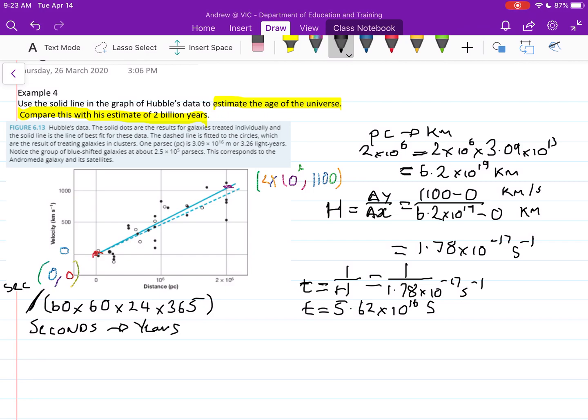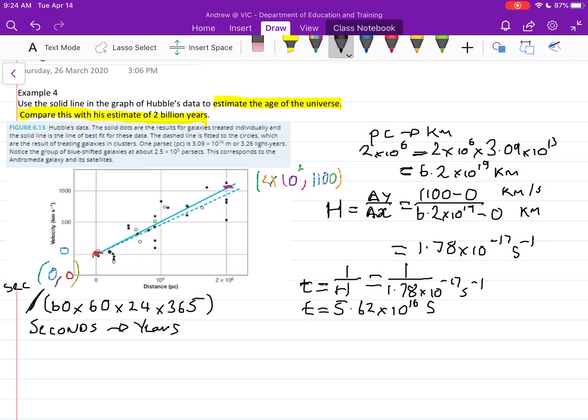If you have a computer handy, you can use a converter, but it's also good just to make sure that you are practicing doing this on your calculator. So we do 5.62 by 10 to the 16 seconds divided by all of these numbers together. Remember, 60 seconds in a minute, 60 minutes in an hour, 24 hours in a day, and there's 365 days in a year. So that's where all those values came from.